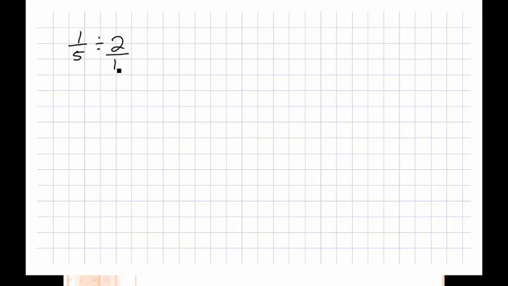But if I multiply those denominators, 5 times 1, I get 5. So I need a line segment 2 units long, where each unit is broken into 5 parts.